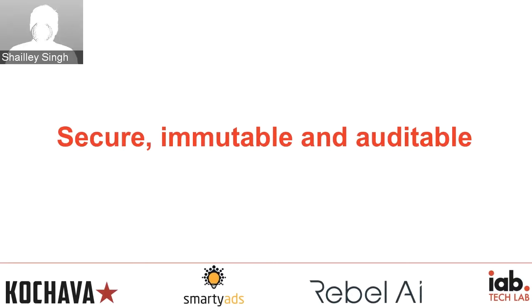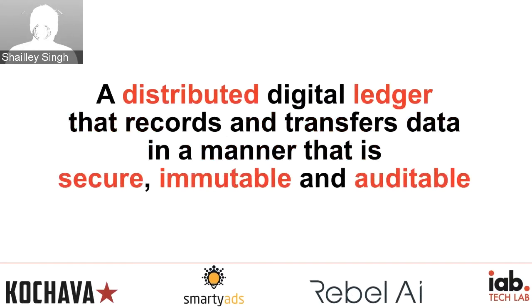All right. So there it is. A distributed digital ledger that records and transfers data in a manner that's secure, immutable, and auditable. So you're starting to see now what some of the potential is here, as I said, in a lot of what we're doing.